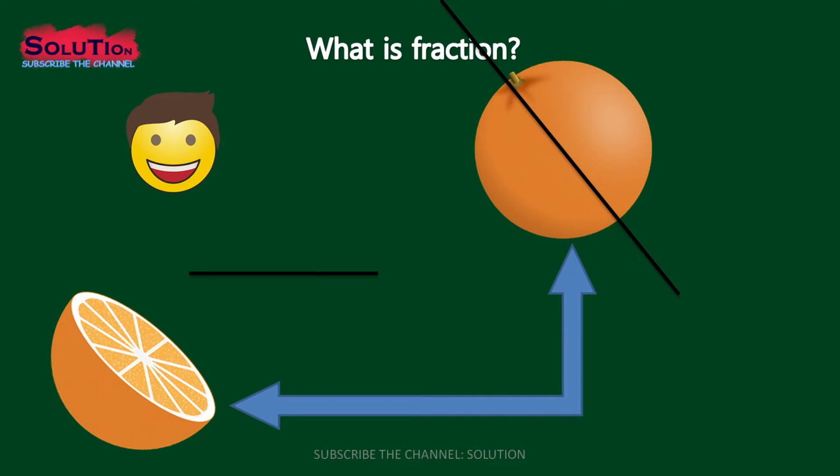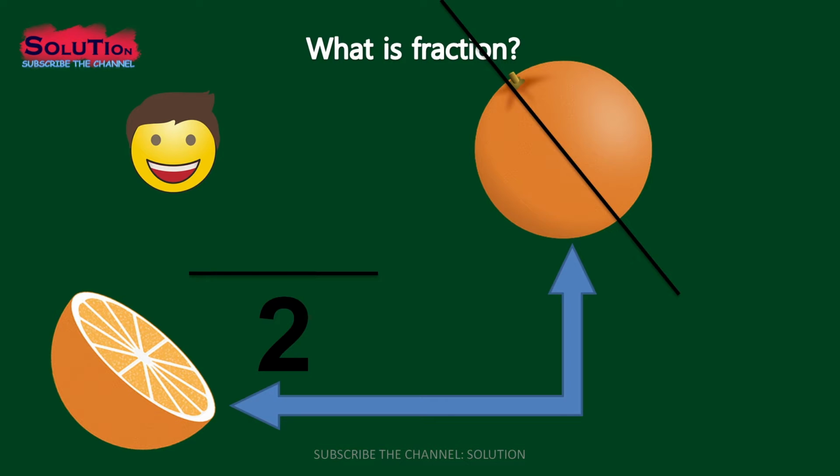So let me write in mathematical form. Because I have to divide, I am giving the division symbol here, and I have divided this into 2 equal parts, so I have to write 2. If I divide it into 4 equal parts, then in place of 2 I will be writing 4.